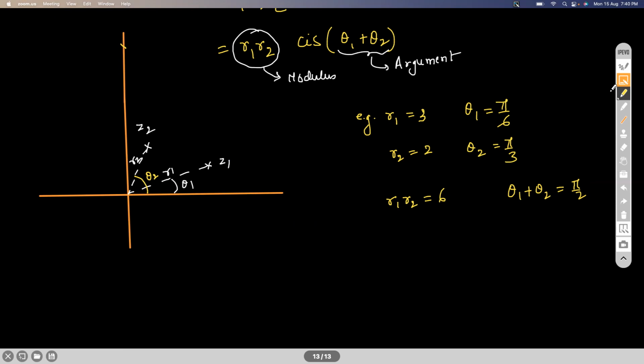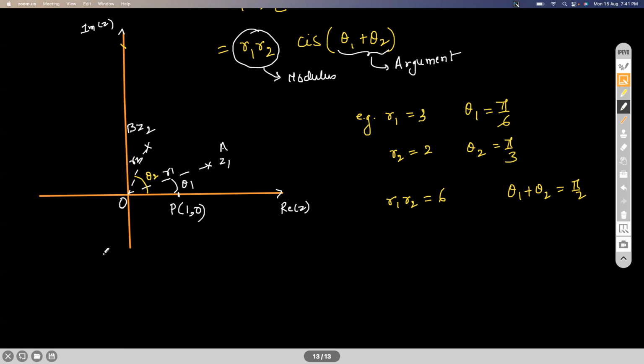I'll be doing some construction here, but I'll not execute that construction. I'll tell you, this is the construction that you have to do. You can do it with your scale, protractor, compass, whatever you have with you. In order to locate Z1 into Z2 position, just take a point here. Let's call this O, this A, this B. Take a point P here, which is 1, 0.